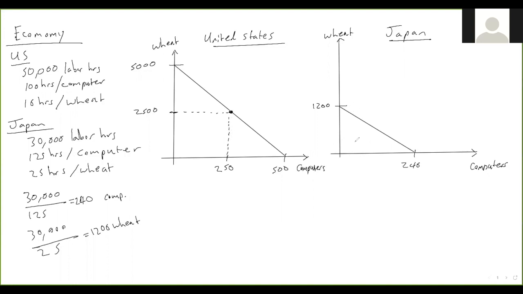And let's also assume Japan splits half and half, which means we're going to get 600 tons of wheat from Japan and 120 computers. So at this point, we've said nothing about trade, right? All of these allocations and outcomes are possible without trade.